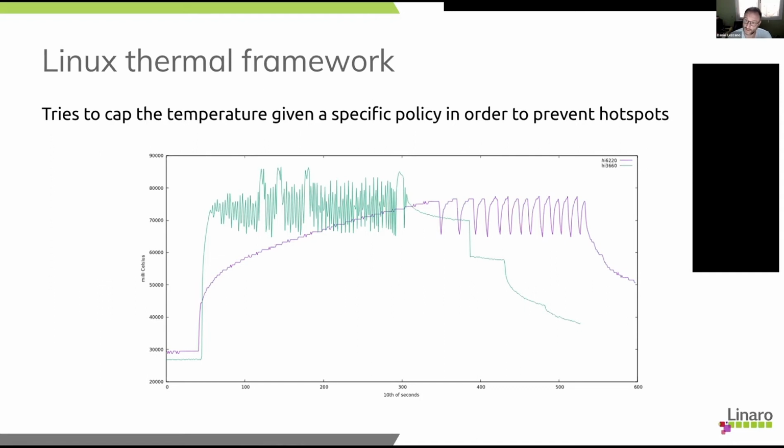Then as the temperature goes below the threshold, the temperature increases again, and so on. So the purpose of this figure is to show that the heating effect on the SoC can be very, very fast.